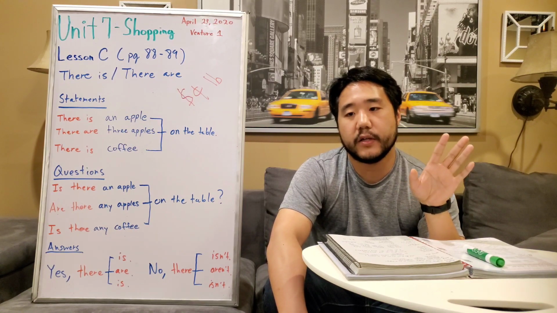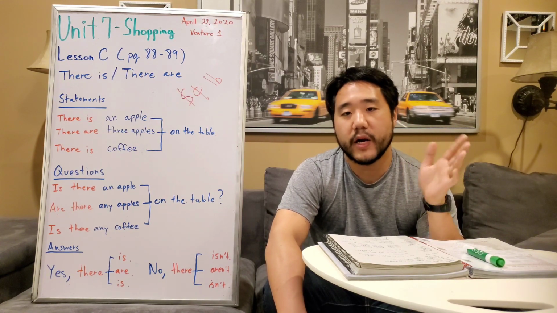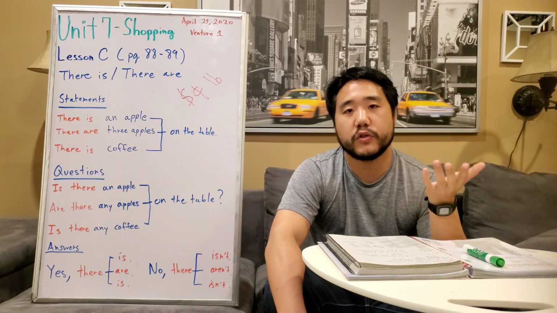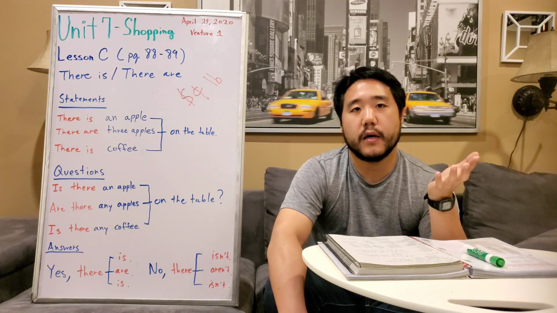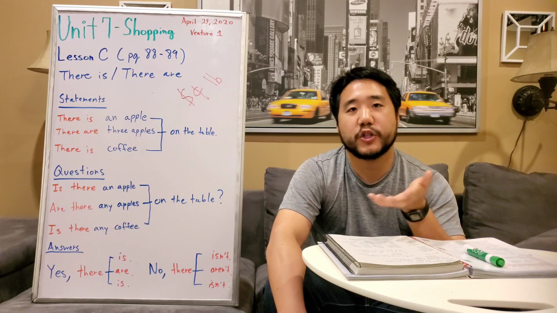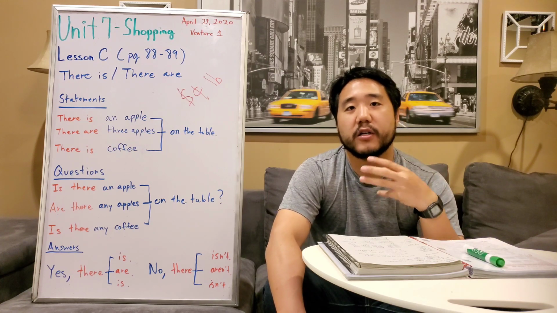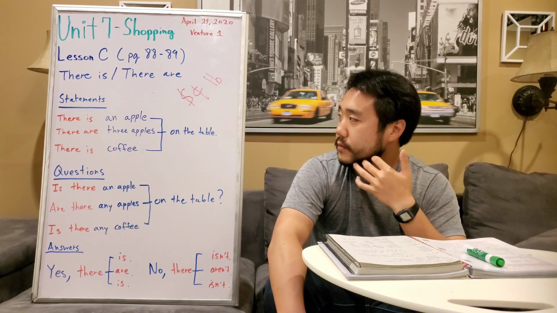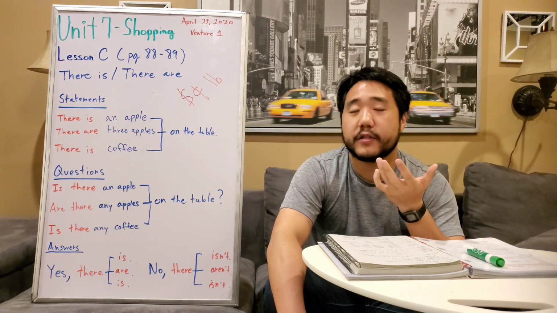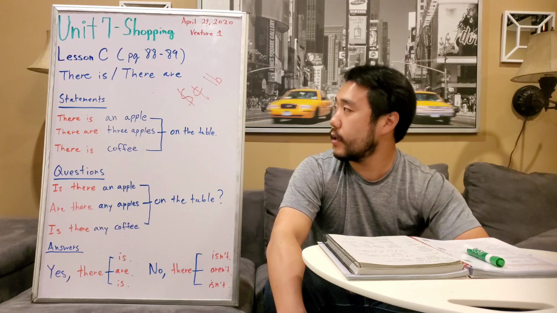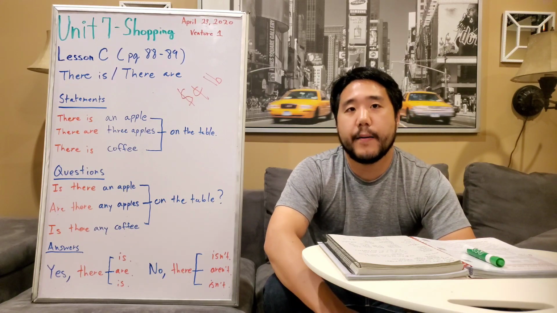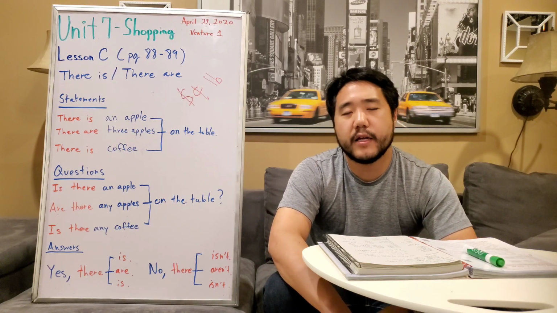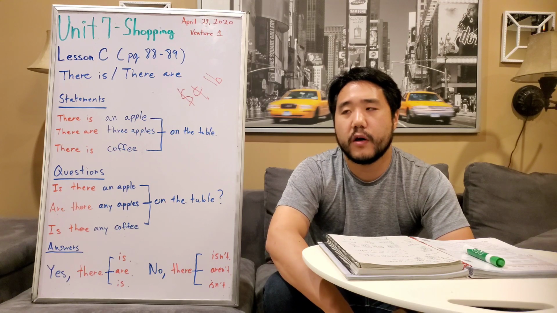And items such as rice, orange juice, milk, flour, sugar are non-countable items. So they don't have a plural form. I think that is enough review of what we did in our last video.